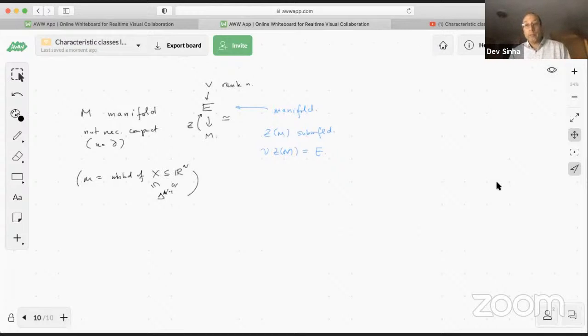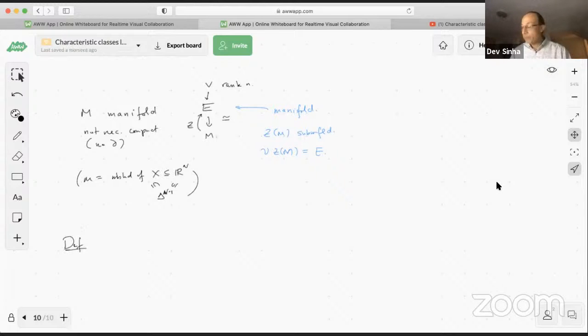So any bundle occurs as a normal bundle, because it's got to be a bundle over a manifold base to begin with, and that bundle is the normal bundle to the 0 section. So that's the setup.